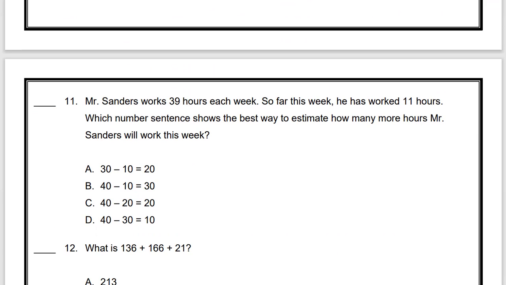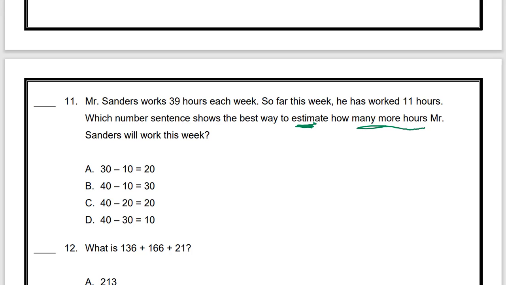In the next question, it's estimate also, so round first. Which number sentence shows the best way to estimate how many more hours Mr. Sanders will work this week?